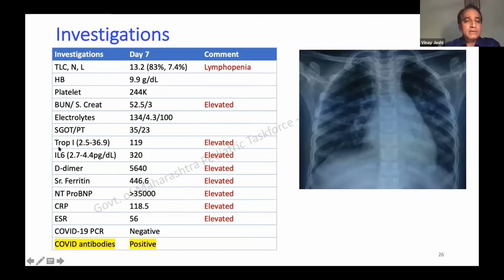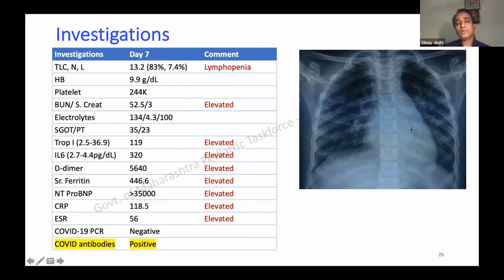His inflammatory markers were elevated as well, IL-6, CRP, ESR, serum ferritin, all were elevated. Even his cardiac markers like NT-proBNP and troponin were both elevated. His D-dimers were in the 5,000s. The COVID antibodies were positive and the PCR was negative.